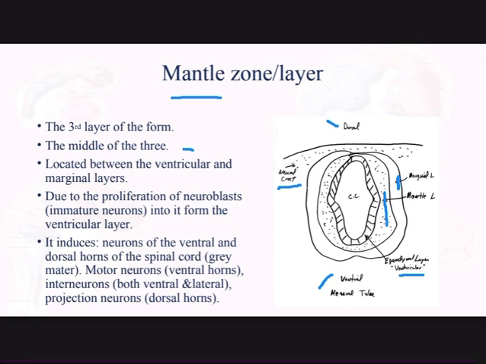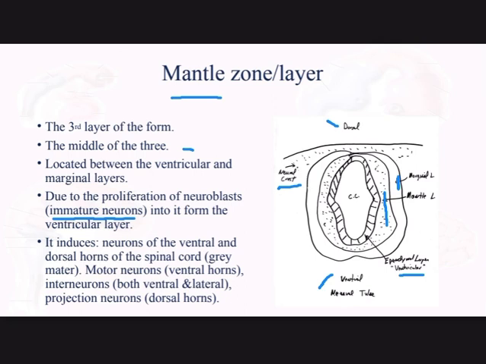They are located between the ventricle and the marginal layer, of course, obviously, due to their proliferation of neuroblasts, or what we call immature neurons. And neurons that don't develop properly will formulate this cushion layer, or the middle layer.